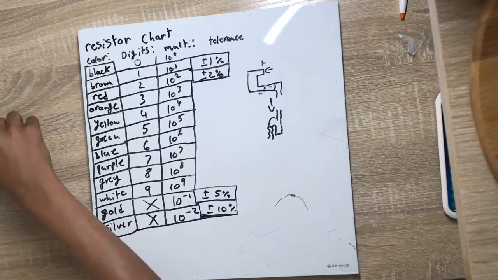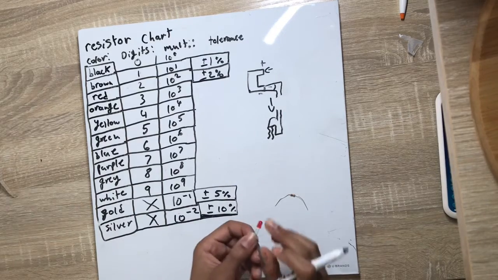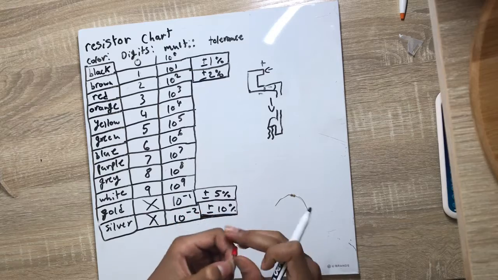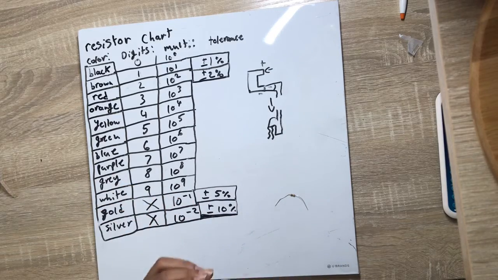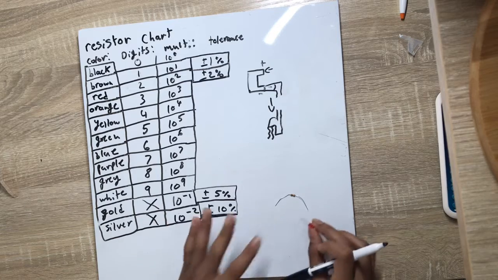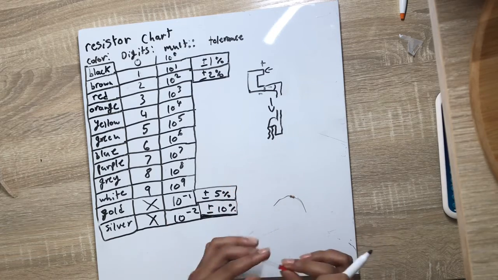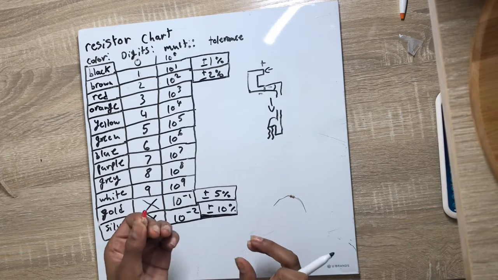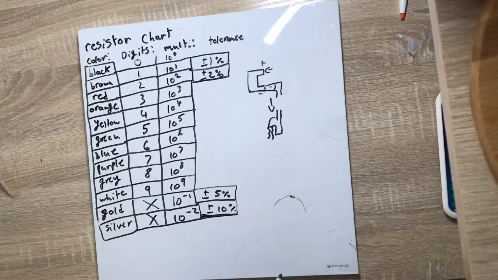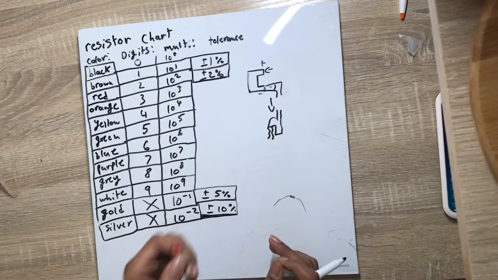Usually when we're dealing with resistors, let's say we want to make a simple flashlight. We're using an LED like this one. An LED will be connected to a battery and a resistor at the same time. So what happens is, when the electricity is going through the circuit, the LED can only handle a certain amount of electricity being passed in.